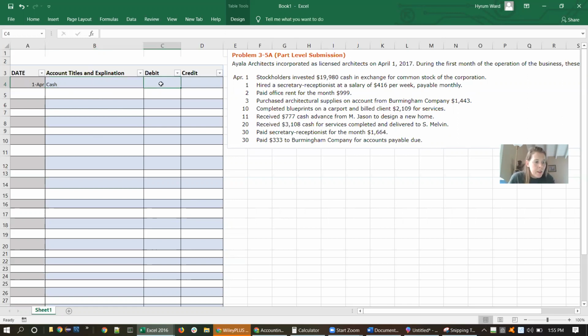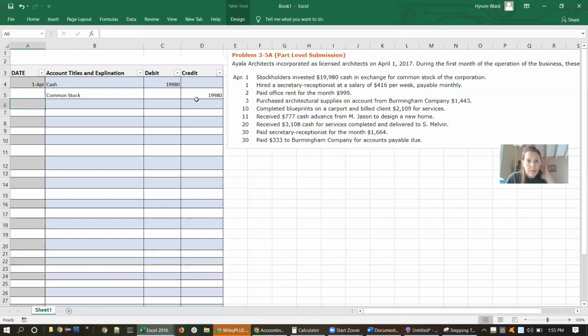And under debit, we're going to put the $19,980 because we had a debit to the cash, but there was a credit to common stock. So underneath that, we put common stock, and we put that same amount to make it balance for credit.